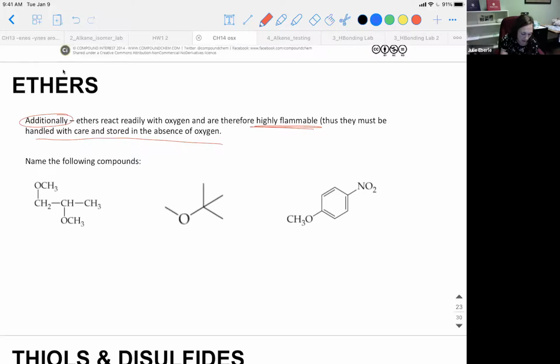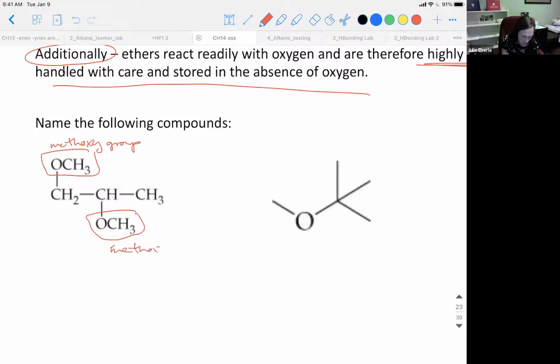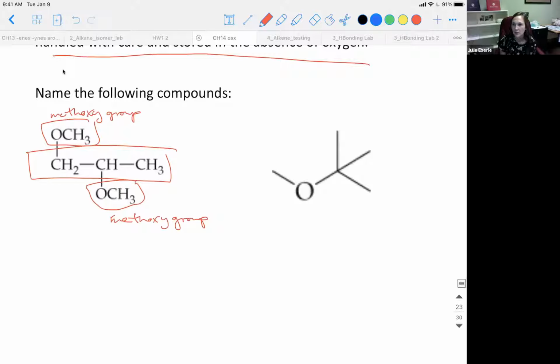Name the following compounds. So again, when you see things branched off like this, this is a methoxy group. And this is a methoxy group. So you're going to name it by looking at this central straight chain of carbons. So what is our parent compound here?